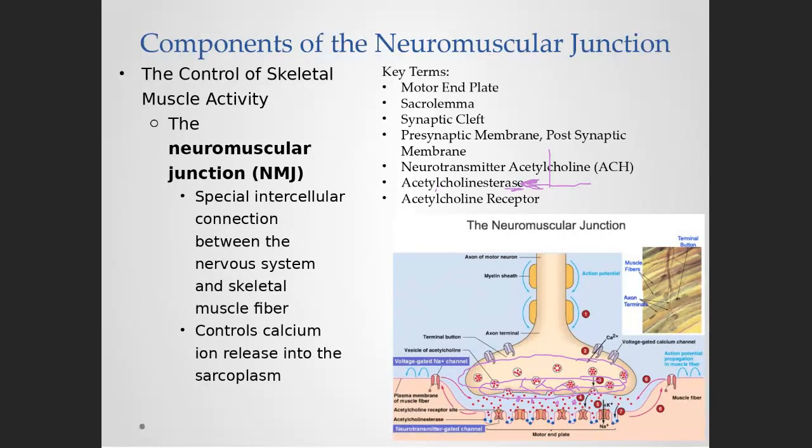But if I keep sending a signal and I send strong enough signals that I completely deplete all the acetylcholine from the neuron, I'll get a massive contraction and then I'll get nothing. And I can't get the muscle to contract again until the neuron builds back up enough acetylcholine that it can then do a secondary release.